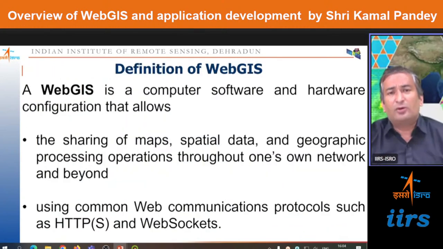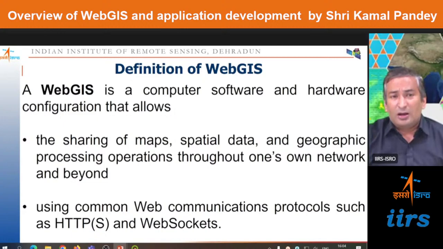So when we talk about definitions of WebGIS, to be very simple, by the name itself, it says GIS over the web. If you are able to execute your GIS functionalities over the internet, then it comes under the category of WebGIS. It means you are not using any software for visualizing the data, for processing the data, or for editing the data.